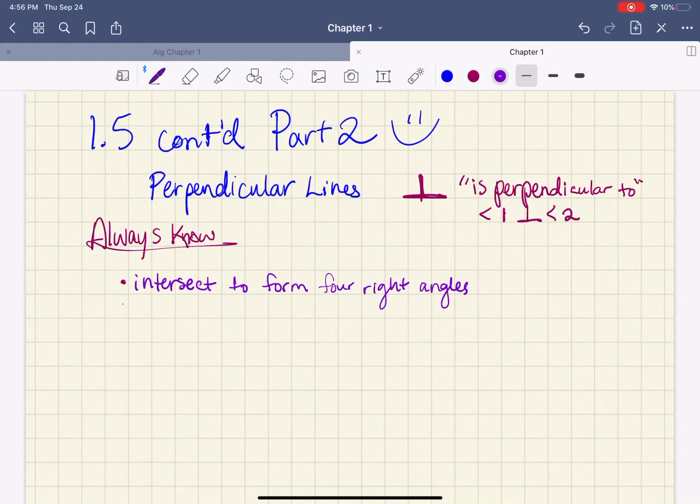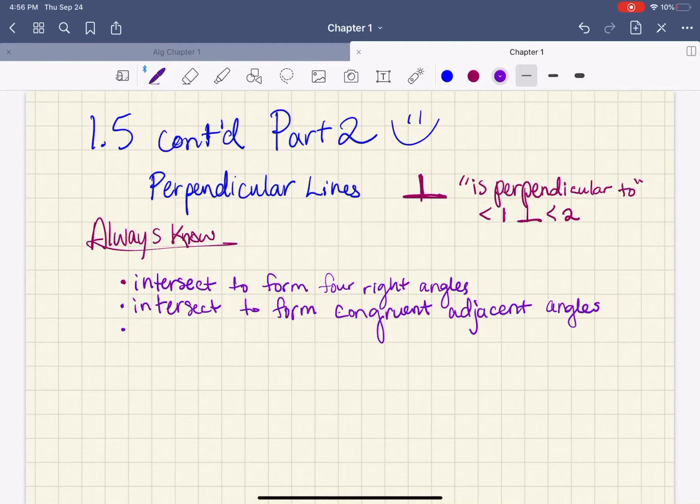We know that they intersect to form congruent adjacent angles. We know that a segment, line, or ray can be perpendicular to each other.